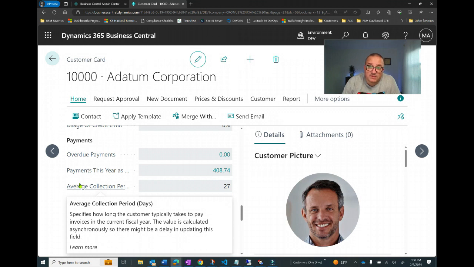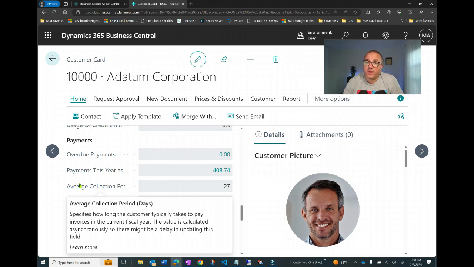Obviously, on the payment side, the driver is the posting date. So let's say we have 2 invoices, one with the posting date of February 1st, due date March 1st. The payment comes on February 5th, therefore it took the customer 4 days to pay the first invoice.